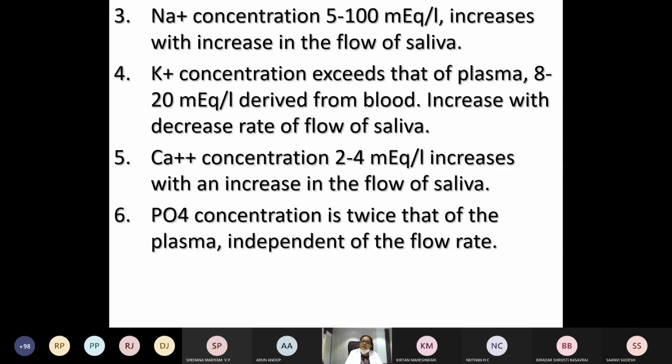It increases with a decrease in the rate of flow of saliva. Calcium concentration is 2 to 4 milliequivalents per liter and increases with an increase in the flow of saliva. Phosphate concentration is twice that of the plasma, independent of the flow rate.